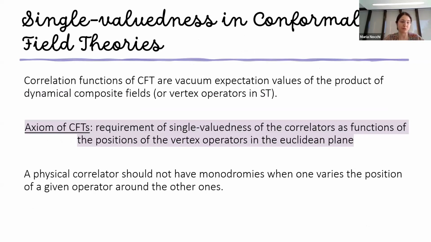And one of the axioms of CFTs is the requirement of single valuedness of the correlator as a function of the position of the vertex operators in the Euclidean plane. So that means that if you want a physical correlator, that shouldn't have any monodromies, as you vary the position of a given operator around the other one. So that's where the physics comes in to explain this requirement of single valuedness.